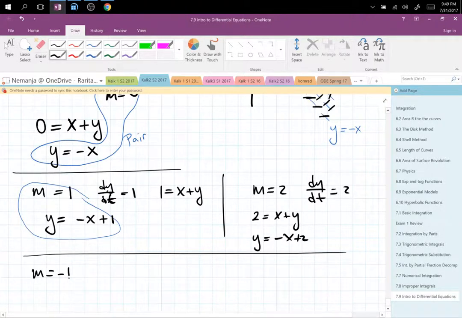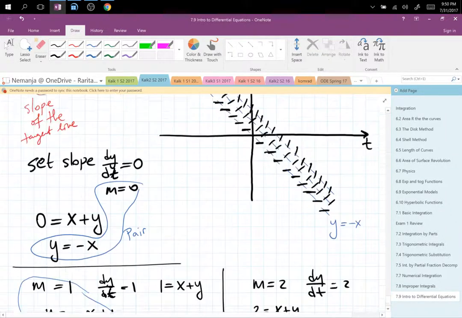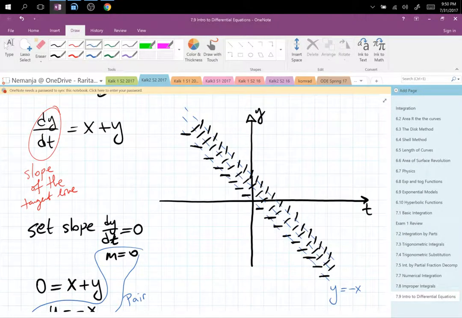M equals -1. So we have y equals negative x minus 1. Isocline.